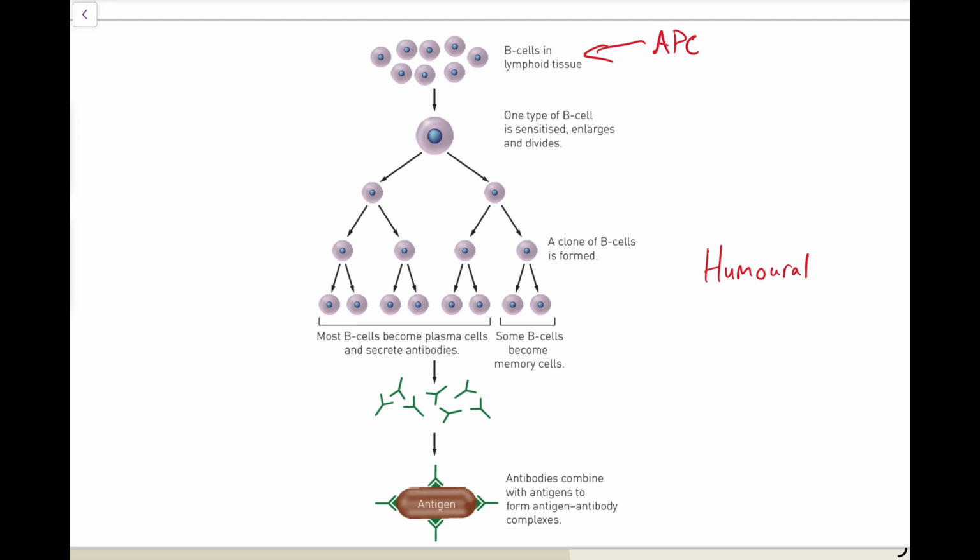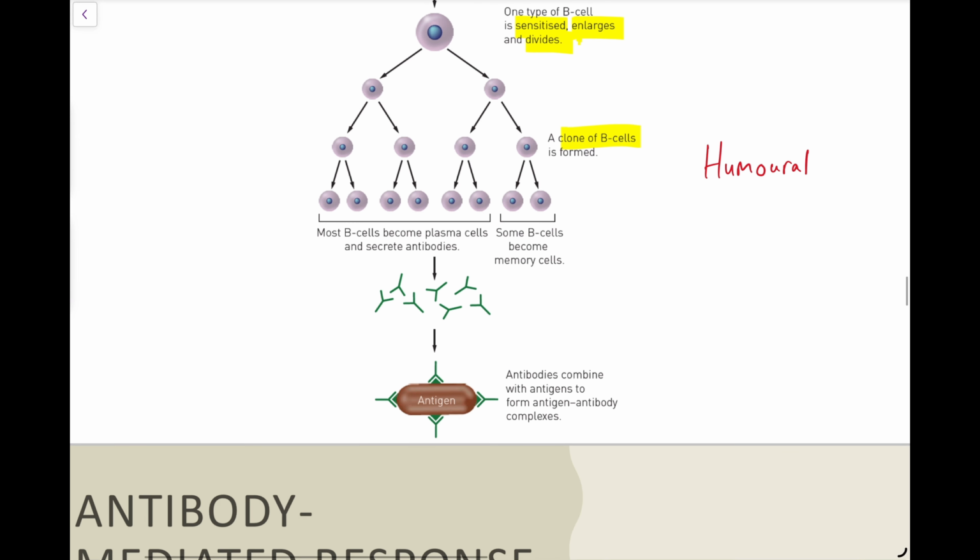And what happens here is the B cell itself is sensitized, enlarges, and divides. 3 really important terms that I've just highlighted that you should be including as you're describing this process. And as this B cell is sensitized, enlarged, and divides, we're obviously going to get clones of that particular B cell forming.